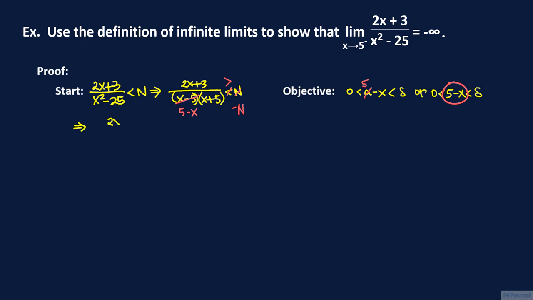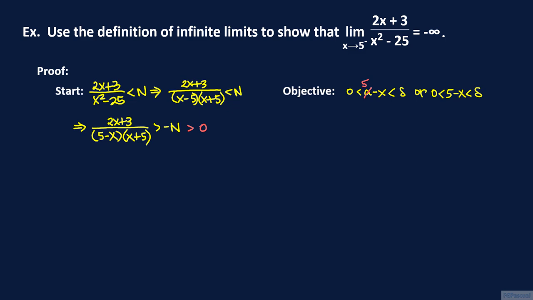The result is (2x + 3) over the product of 5 minus x and x plus 5 is now greater than minus N. We should point out that minus N is greater than 0 if we start out with N negative as stipulated in the definition.